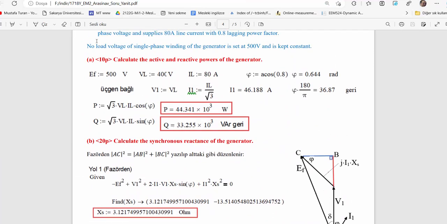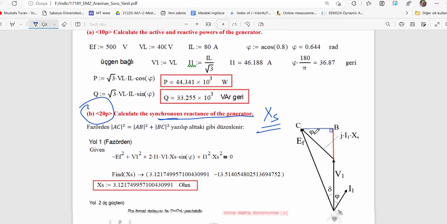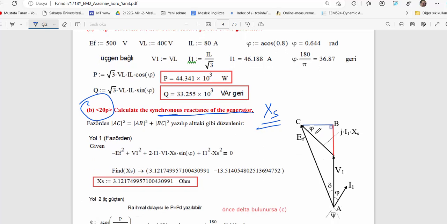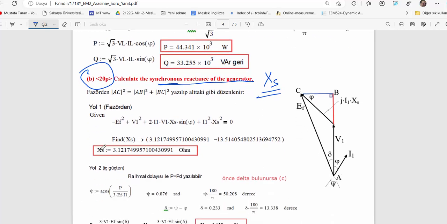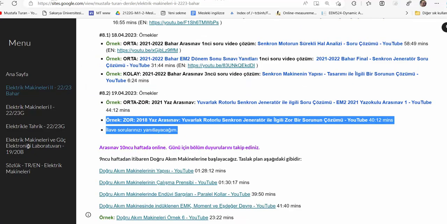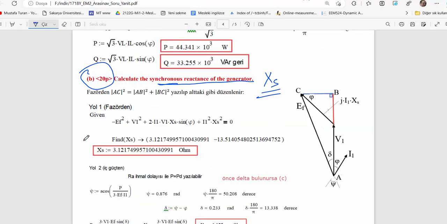In question B, synchronous reactance is asked, X is not given and needs to be found. But as explained in the answer sheet given in Turkish and English, which you can find on my webpage, there are 4 different ways, approaches.